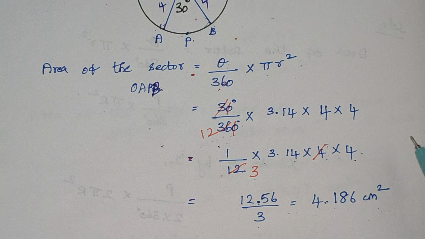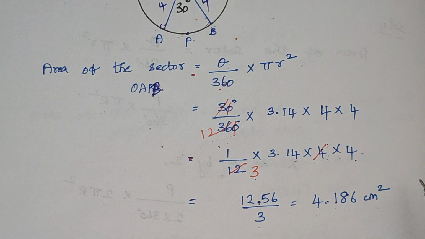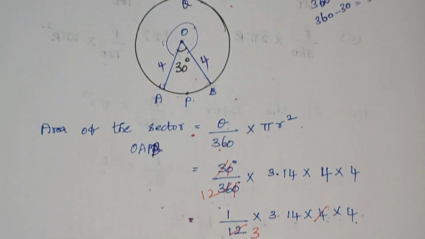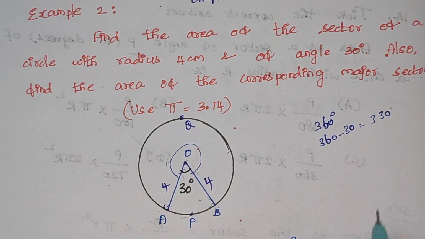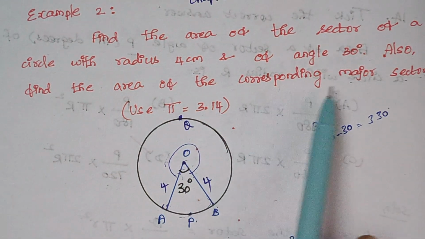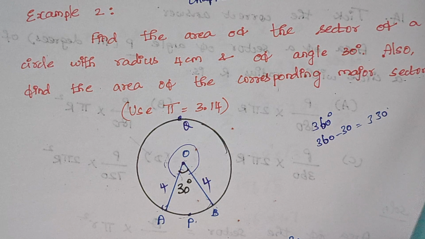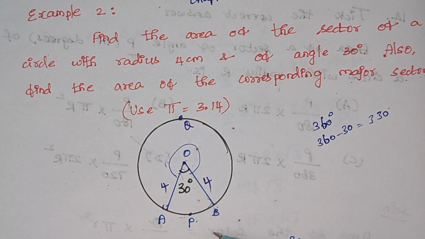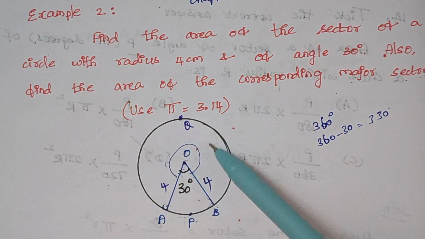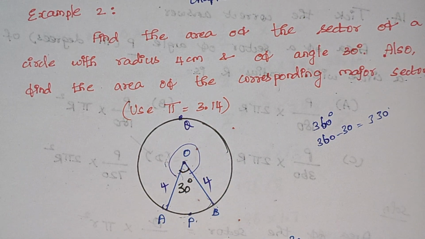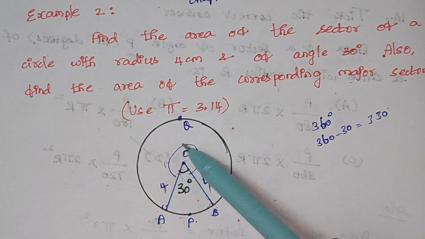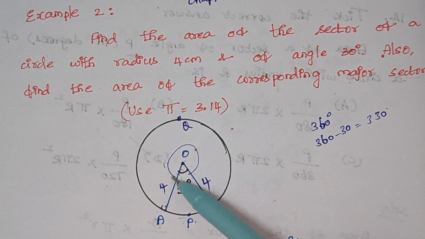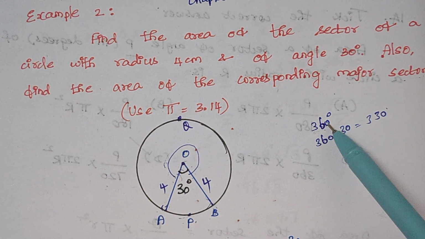Right. So the first part of the problem is over here. Now we are asked to find the area of the corresponding major sector. So in this diagram, OAPB is the minor sector and OAQB is the major sector. The area of a circle, that is the area of a closed path, corresponds to 360 degrees.